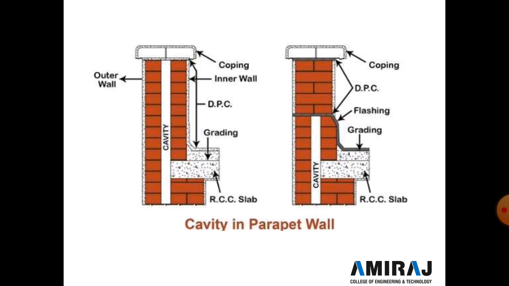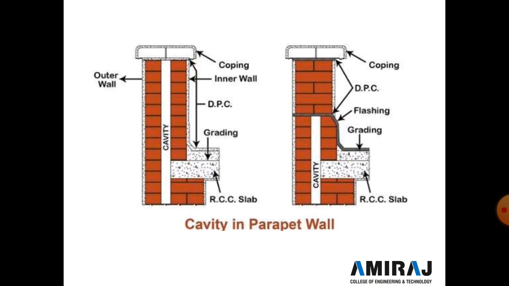This figure shows the parapet wall. Here in the parapet wall, the cavity is provided up to the top of the parapet wall, and on the top coping is provided. Generally coping is made of RCC or plain cement concrete work.